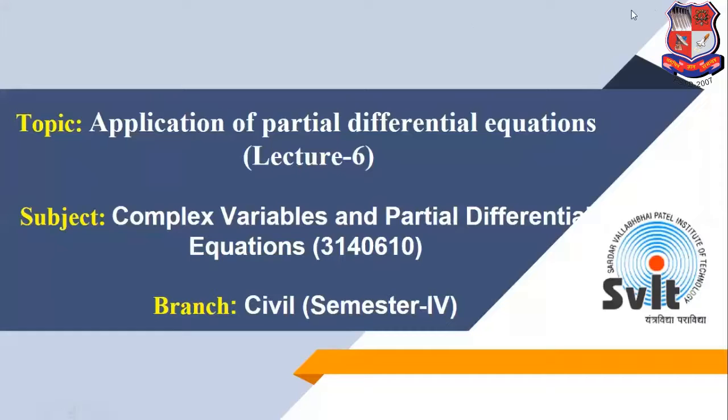Good morning, students. Today we discuss the topic application of partial differential equations, lecture number 6 in the subject of Complex Variable and Partial Differential Equations, branch civil engineering, semester 4.